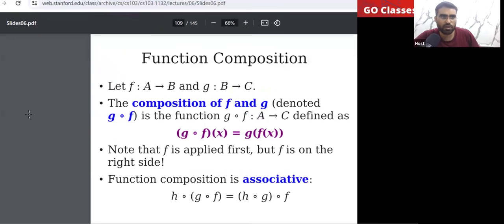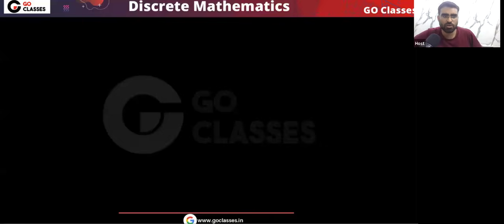But this is a Stanford article. You can see that when they write composition of F and G, they write gof. Are you getting my point? So actually, this statement is ambiguous.